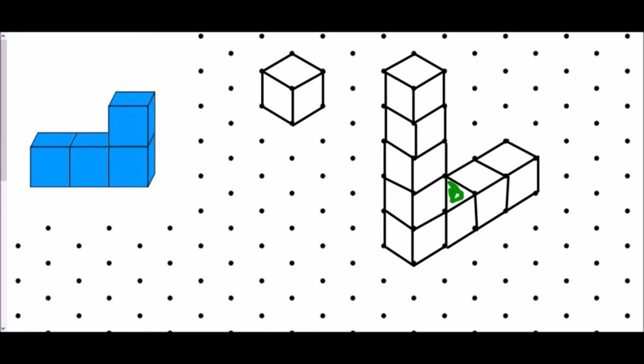So let's have a go at drawing the actual shape that we have here. When we begin, I want to start with a cube where I can see all 3 sides, the plan view, the front and the side. And so I'm going to start with this first cube here, and that is a single cube. So we're just going to draw our original single cube.